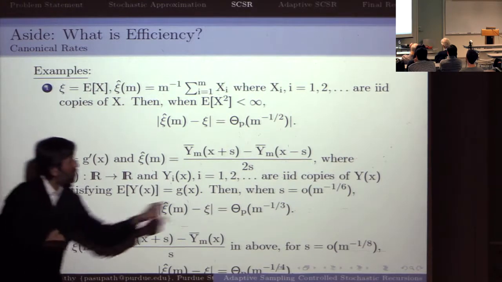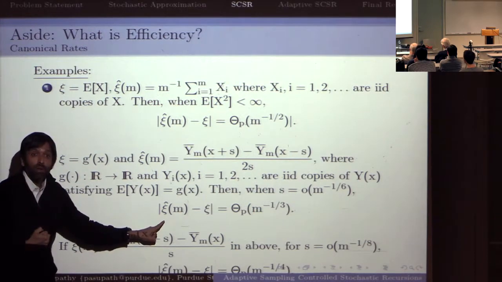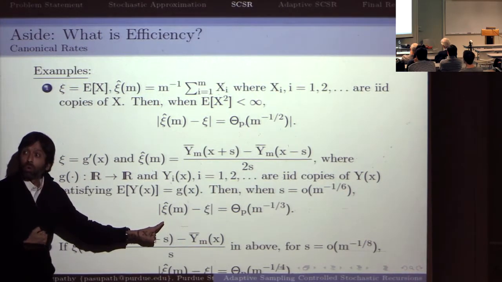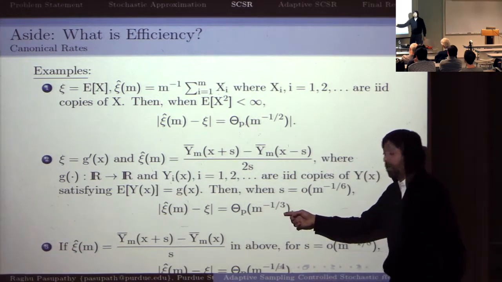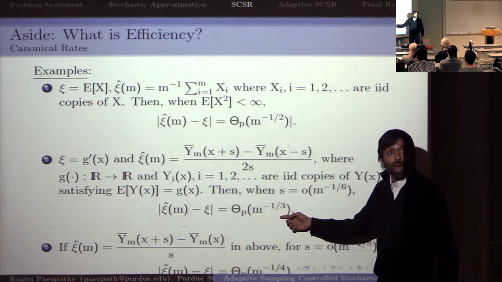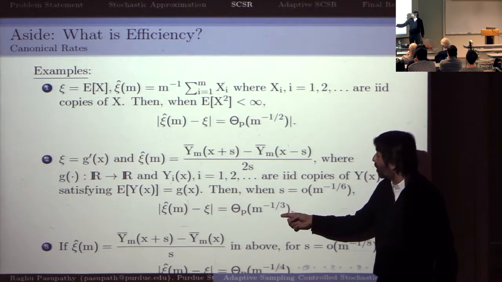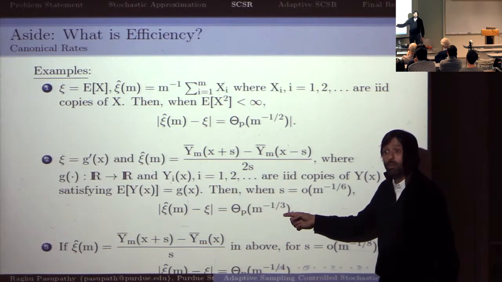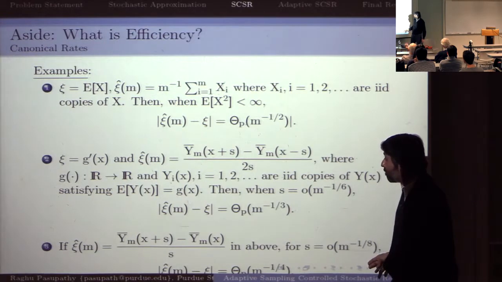If you choose your little s carefully, you can show that the best possible convergence rate is no longer order 1 over root m, but drops to 1 over m raised to the power 1/3. You can't do better than this. So in the context of gradient estimation under naive Monte Carlo sampling, you can't do better than 1 over m to the power 1/3. This is a really slow rate. There's a corresponding rate for forward differences.